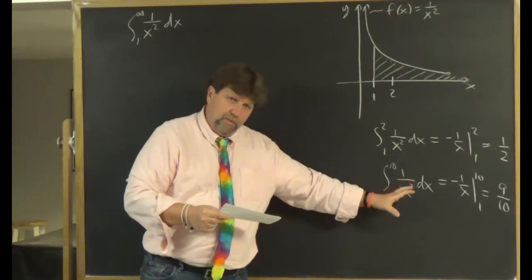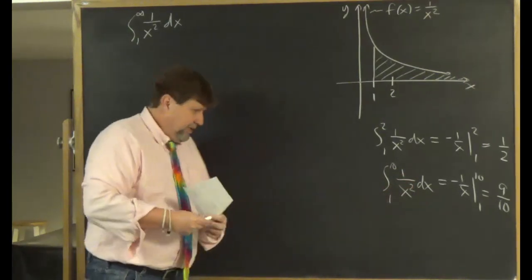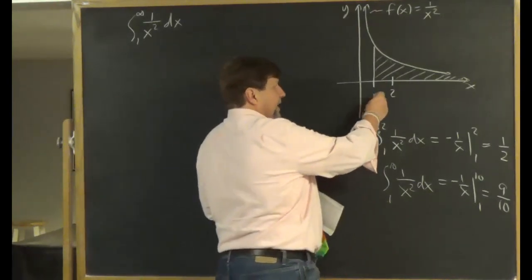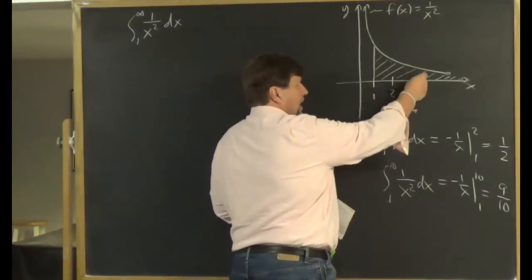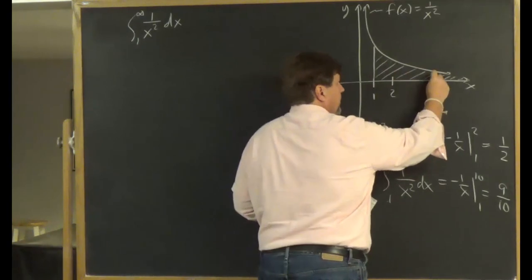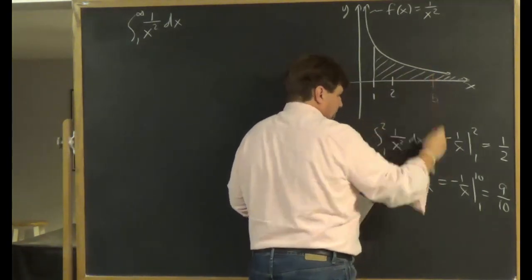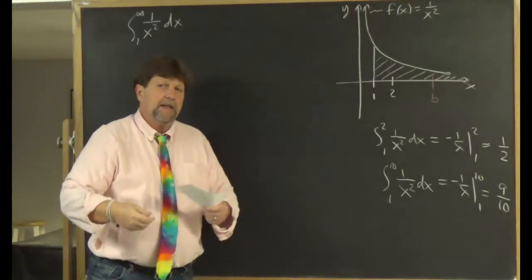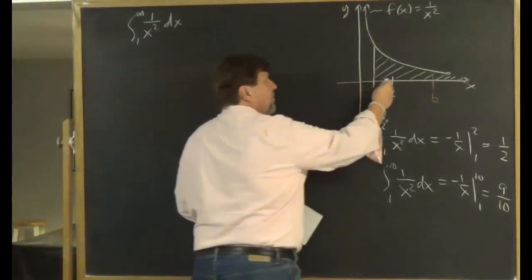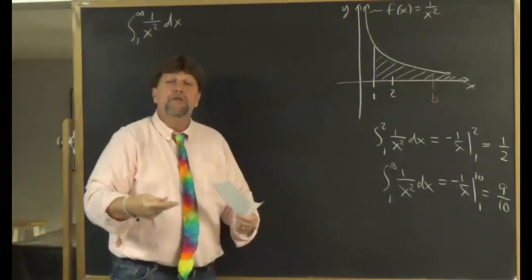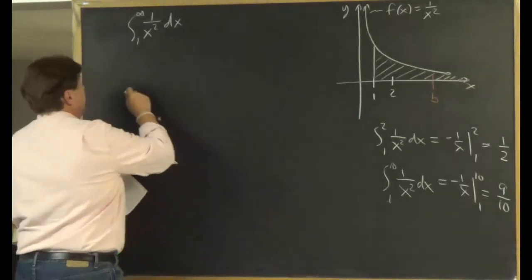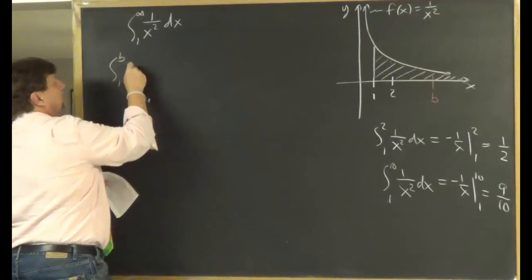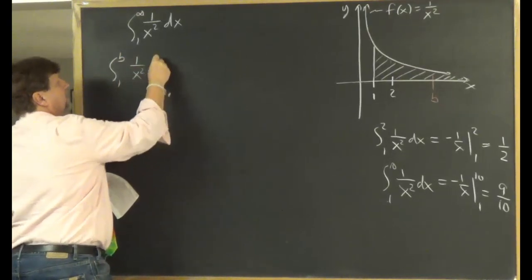But generalize what we're doing here. Instead of integrating from 1 to 2 or 1 to 10, let's just pick some arbitrary value b. Let's just integrate from 1 to b. We can do that. We can integrate from 1 to b, 1 over x squared dx.